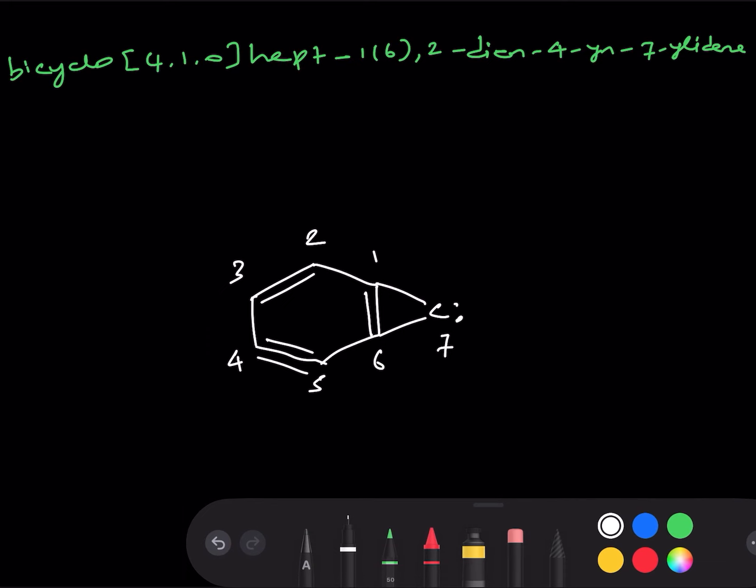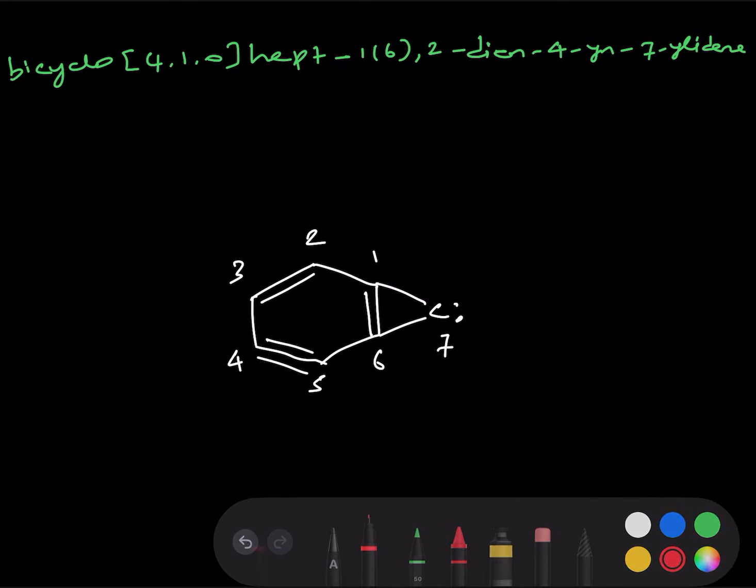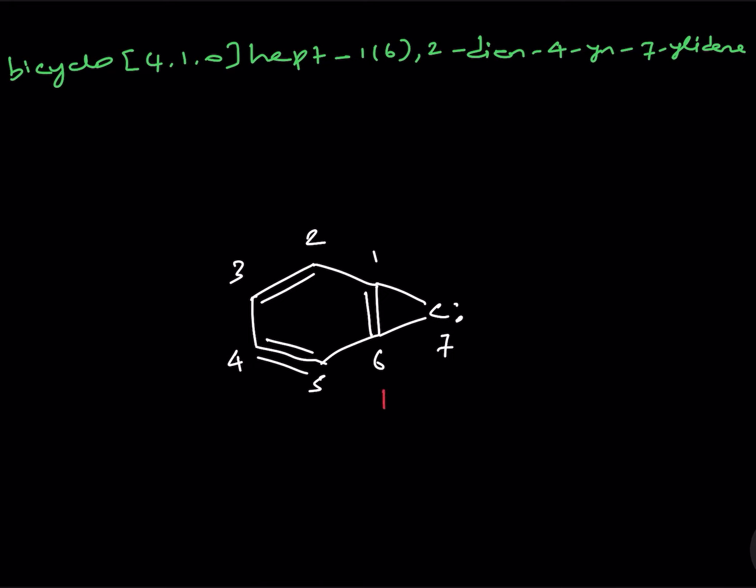Now you might be thinking, why are we not numbering the other way around, giving low number to the alkyne and why are we giving low number to the alkene? Because as per the preferred IUPAC name, you have to give low number to the double bond, not to the triple bond.